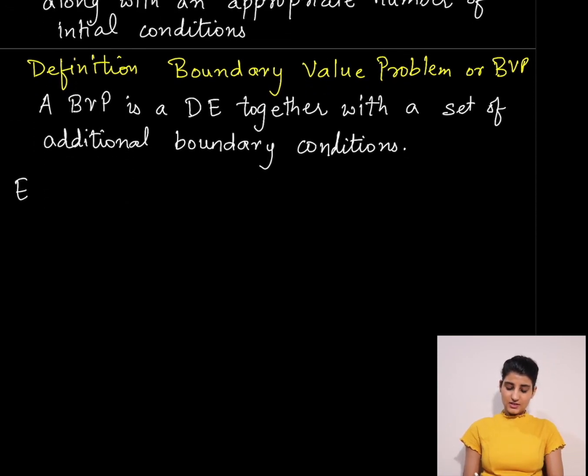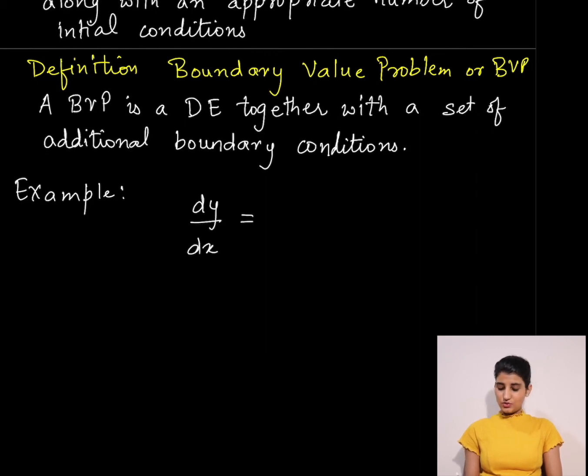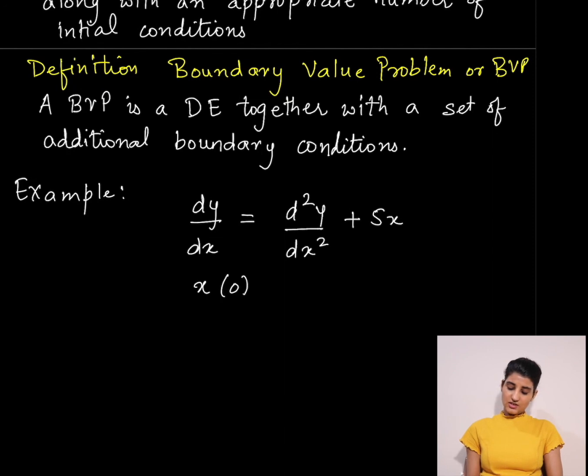Let's see an example. Say dy over dx equal to d square y dx square plus 5x. This is our differential equation and some conditions are given.